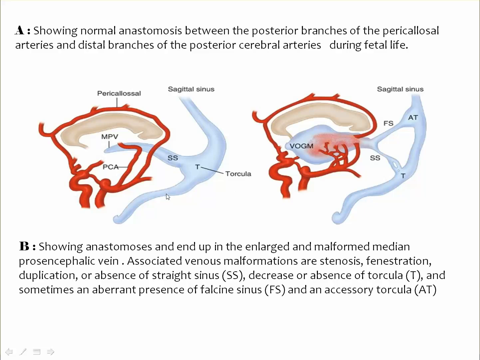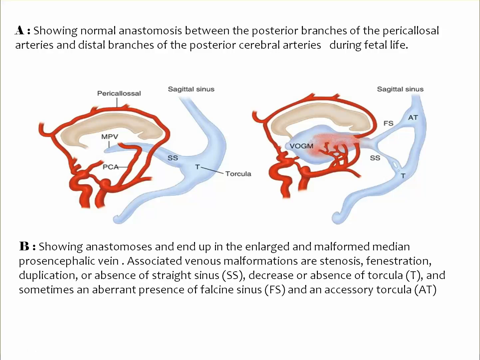Actually, the term aneurysm of the vein of Galen is wrong. All the literature nowadays says that this is not an aneurysm and this is not the vein of Galen. This is an arteriovenous malformation between the perforating arteries and the vein, which is a precursor for the vein of Galen.